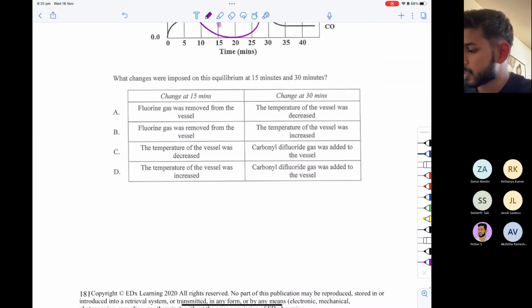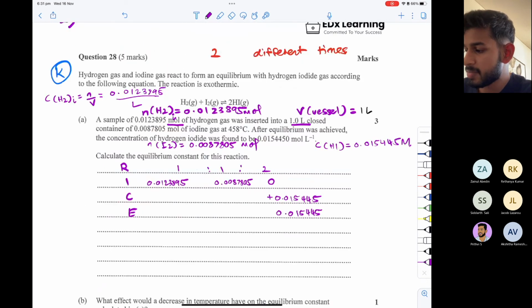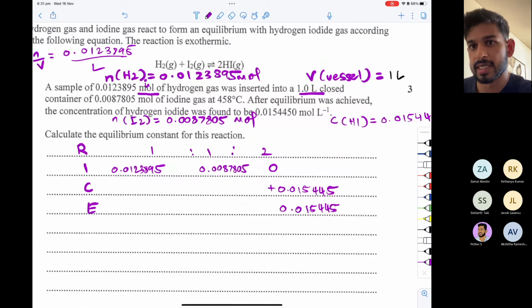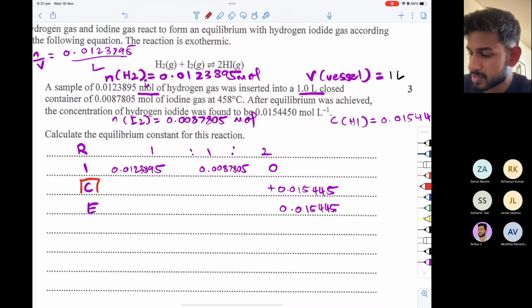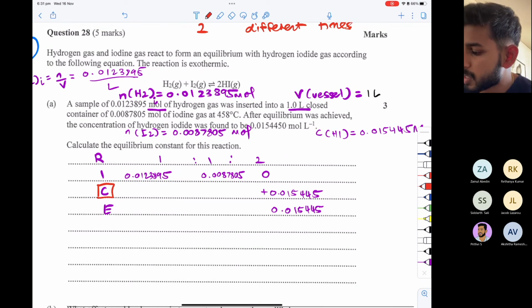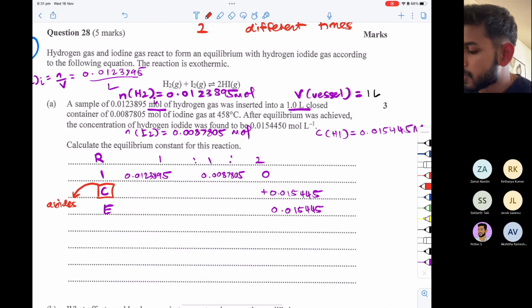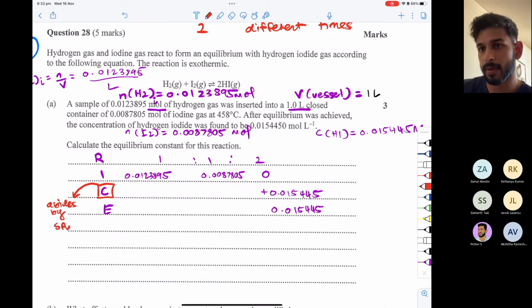Now coming back up here, the same thing applies for C in RICE tables. The change in concentrations of gases, solids, liquids, whatever substance we've got, must abide by the stoichiometric ratio. The only difference is for solids and liquids, they don't affect K, so we don't have to care about them. But every other state, change abides by the stoichiometric ratio.